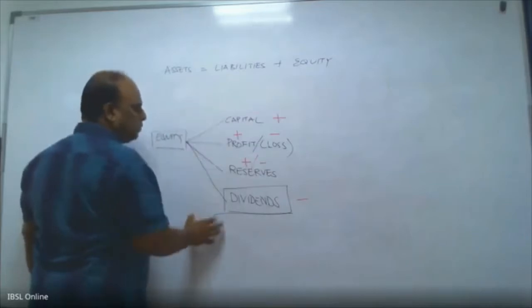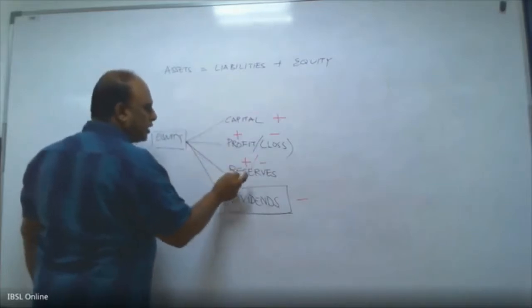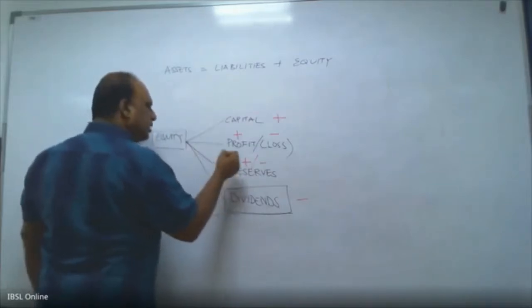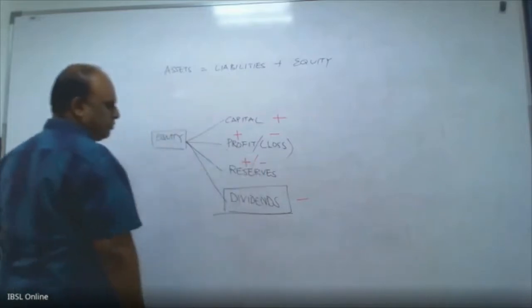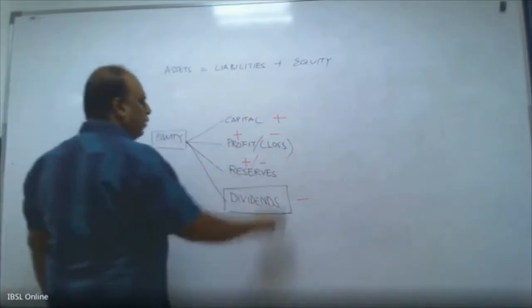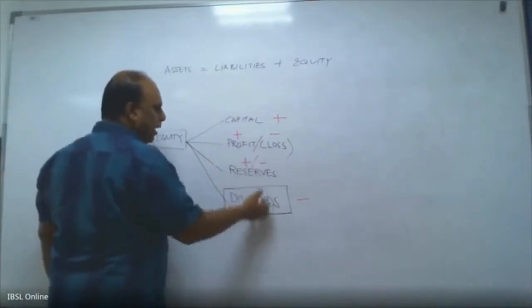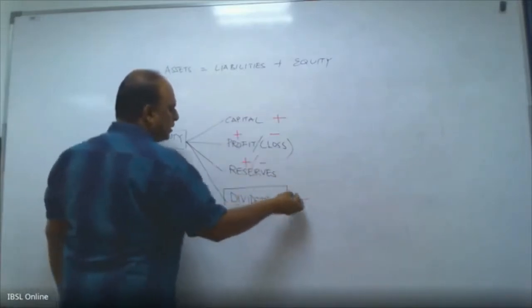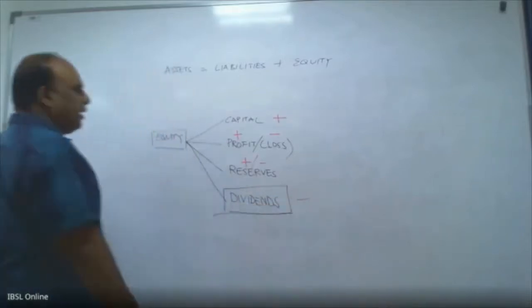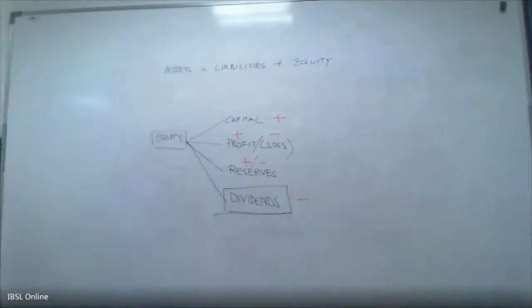So all of these belong to the shareholders. Reserves, there could be positive reserves or negative reserves. But end of the day, when you make a profit, it is your responsibility to pay a dividend. So the payment of dividend that you make is a negative. So all these are included within this, right?